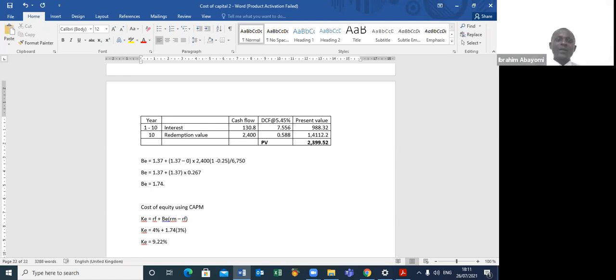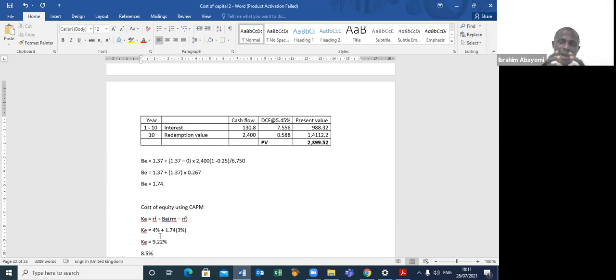What has happened? Cost of equity went up from 8.5% to 9.22% simply because the company has increased its gearing.